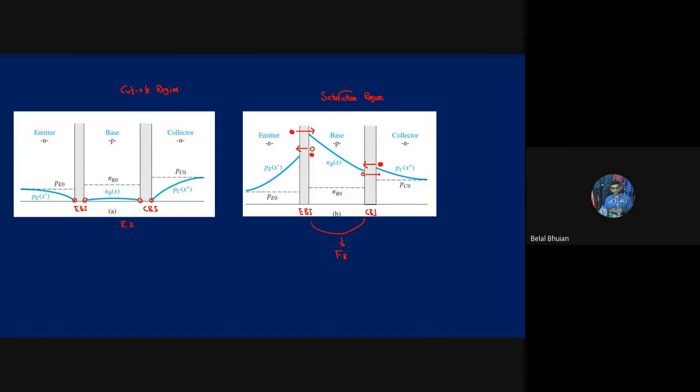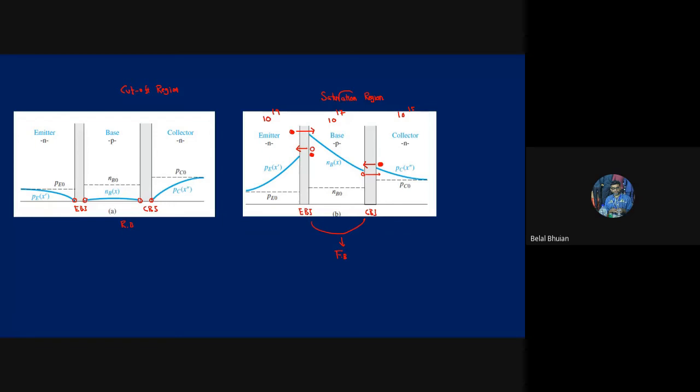But here we know, since electrons are injected, electrons become minority carriers in the base region. So maximum electron concentration is at the depletion region edge. And again, if you notice the doping profile, if it's 10 to the power 19, 10 to the power 17, and 10 to the power 15, that means the concentration of electrons is very low here.